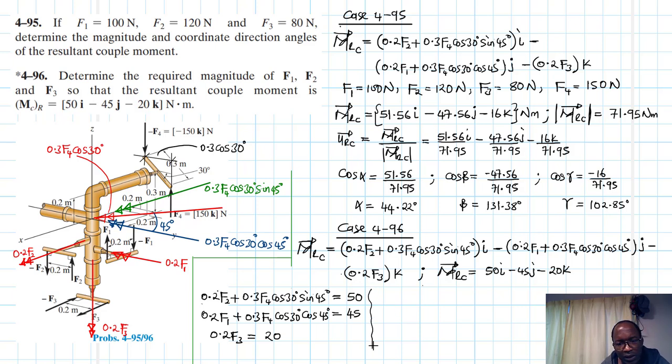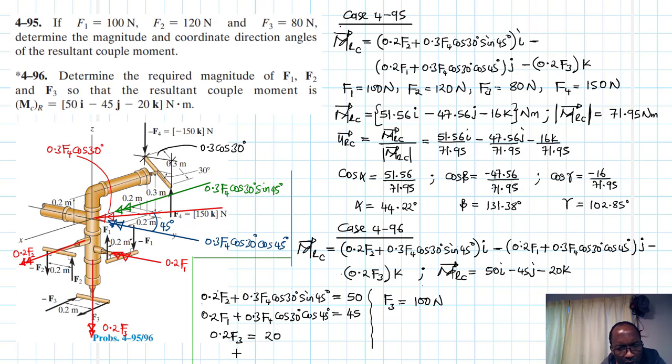Right, so from these equations we can find directly what F3 is from the last equation. F3 will be equal to 20 divided by 0.2, which is 100 newtons.